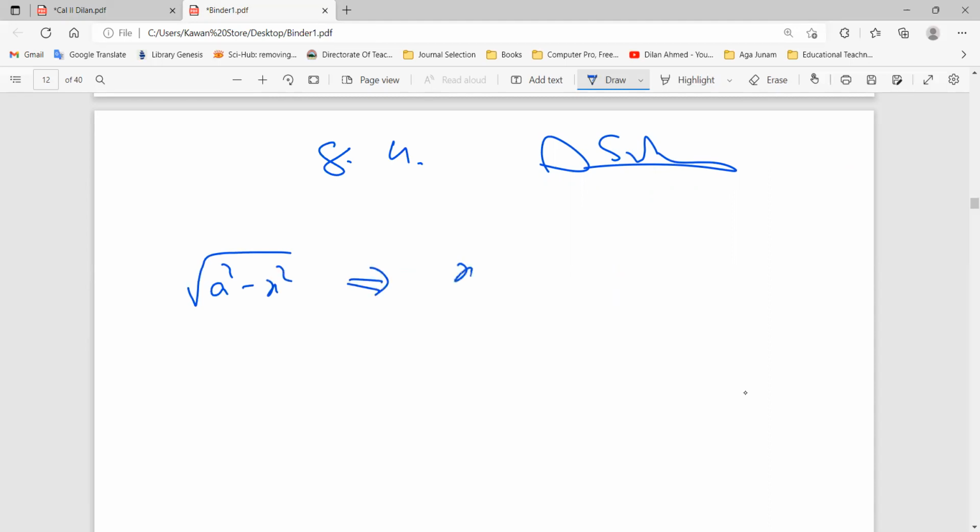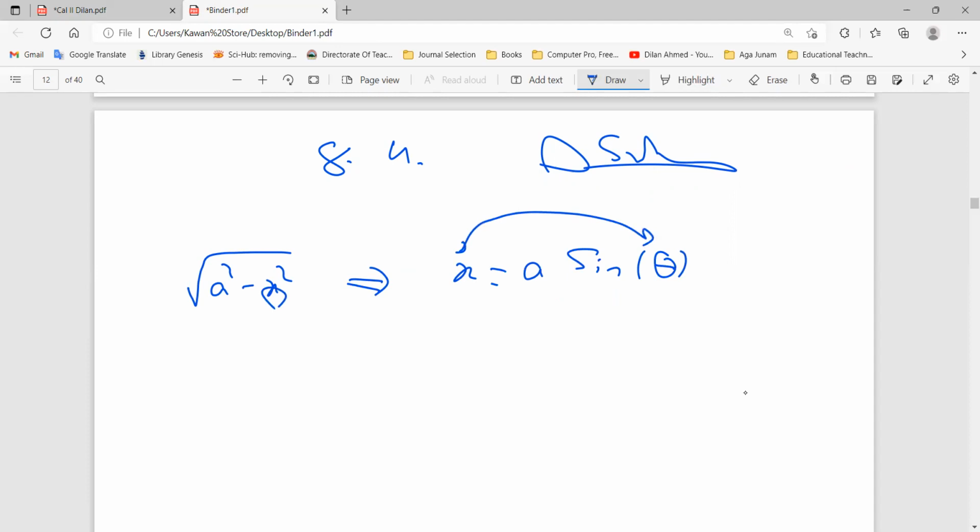So 8.4, trigonometric substitution. If you have this formula, as you know, a squared minus x squared, you say that x is equal to a sine of theta. You bring theta instead of x, you change x to theta. That's the first.